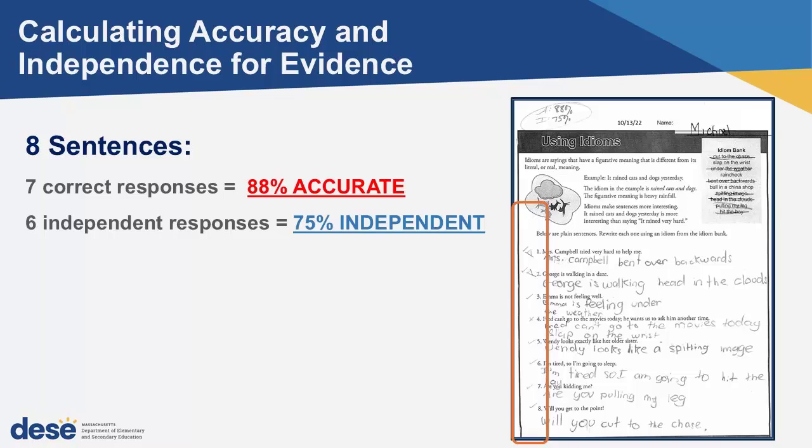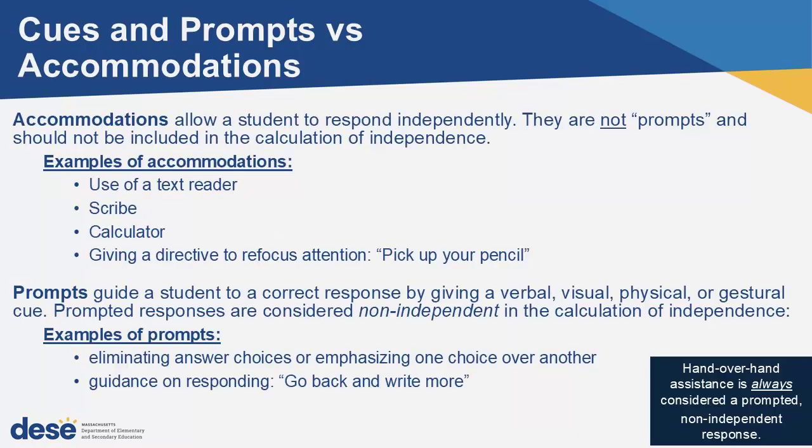The trick to this is having a little help or a good way of catching that prompting or not prompting. So we want to make sure we understand that first. Accommodations to me are just leveling the playing field, right? If they use a reader, whether it's a human reader or a text reader, if they have a scribe because their handwriting's so poor they can't physically write, that's just leveling the playing field for them.